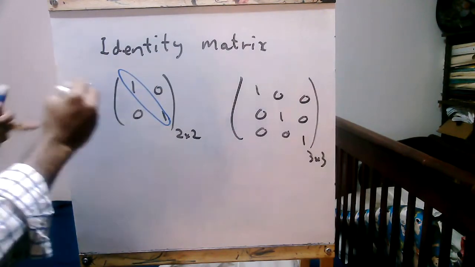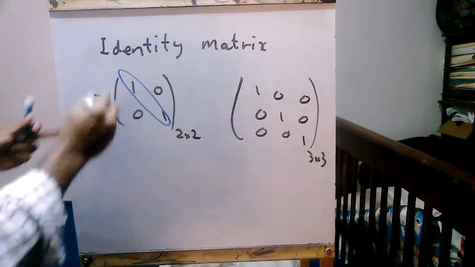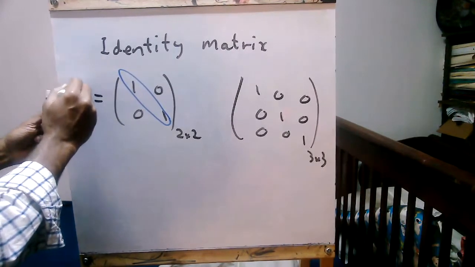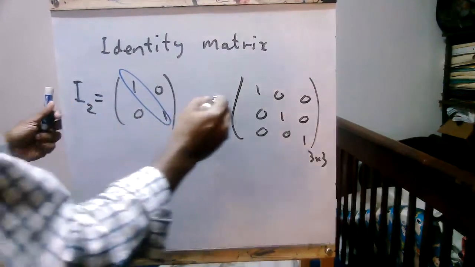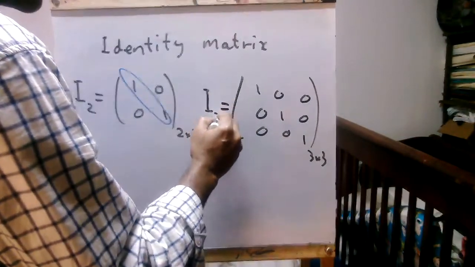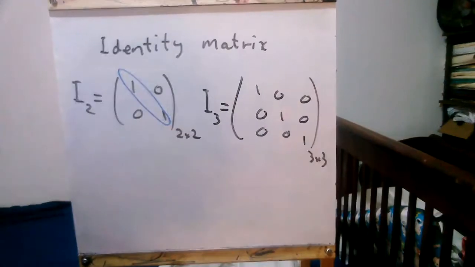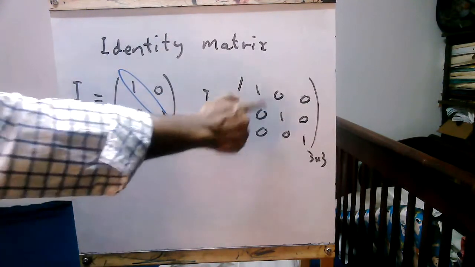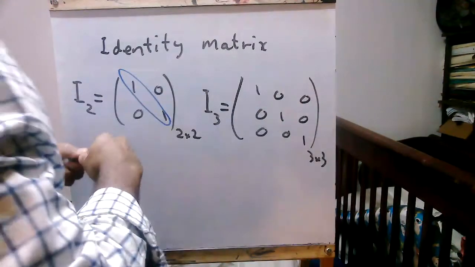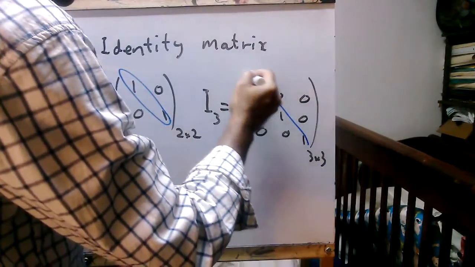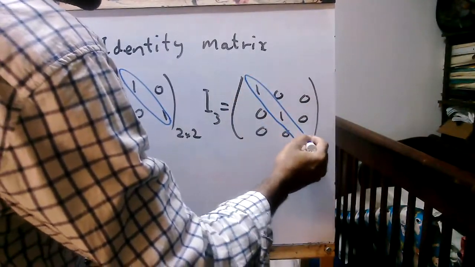Now, since it is 2 by 2, we represent this as I2 and this, as 3 by 3, is I3. Right? Even here you see diagonal, it's all 1 and everything else is 0.